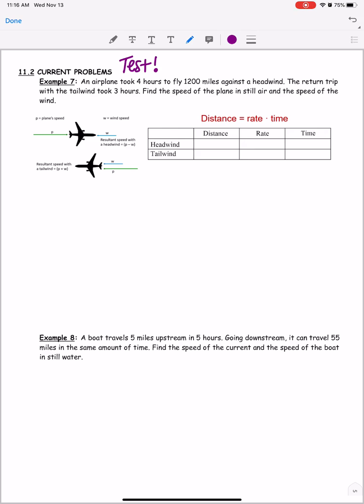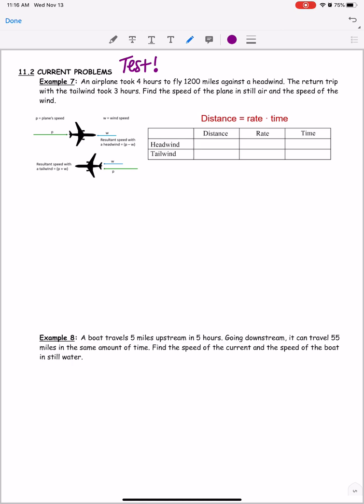So, an airplane took 4 hours to fly 1,200 miles against a headwind. A headwind, okay, you have a little diagram here.